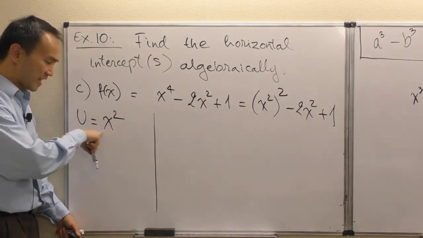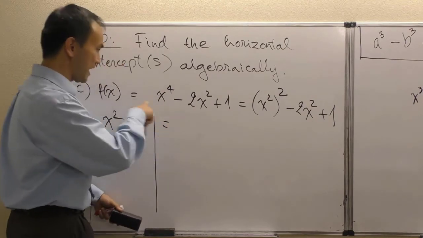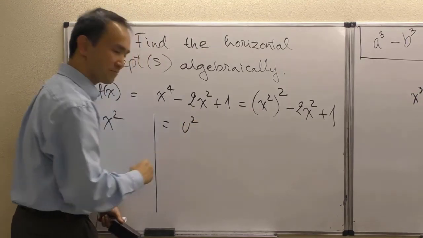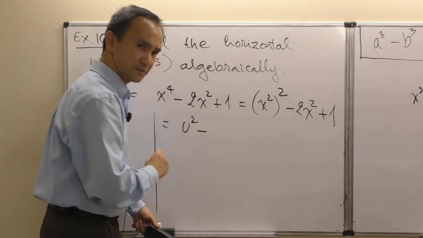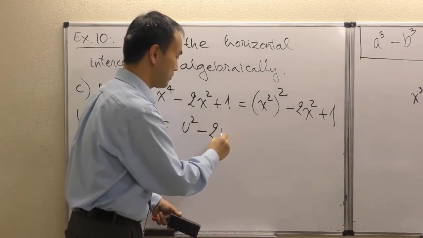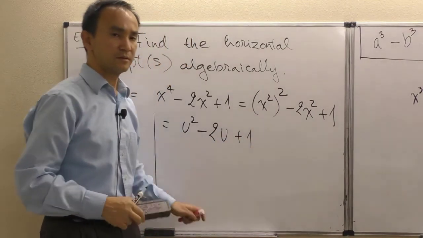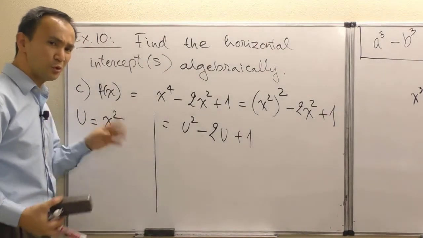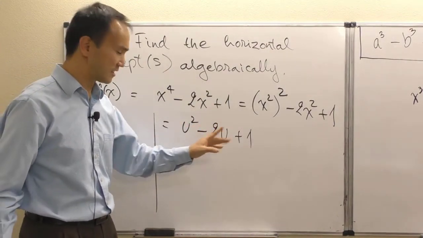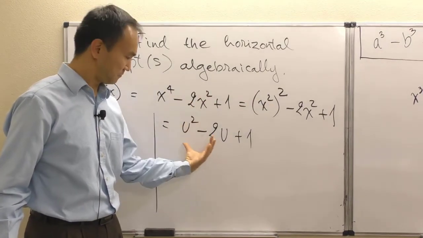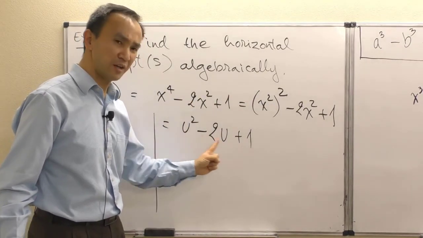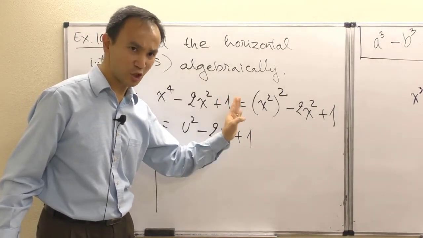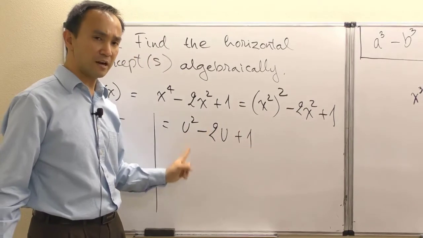Then our polynomial becomes u squared minus 2u plus 1. There's an advantage of doing this substitution, because now we brought our polynomial into a polynomial in terms of u, and it's now a quadratic, which makes it so much easier to factor.